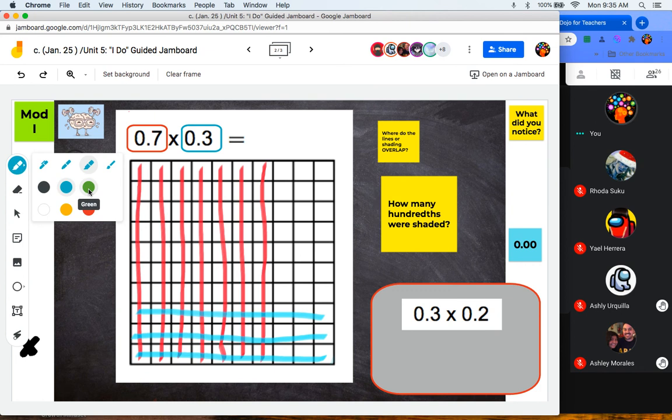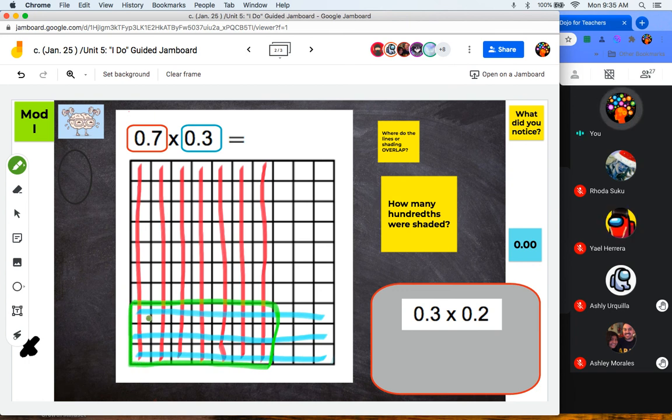Where do they overlap? And how many are overlapped? 1, 2, 3, 4, 5, 6, 7, 8, 9, 10, 11, 12, 13, 14, 15, 16, 17, 18, 19, 20, 21.